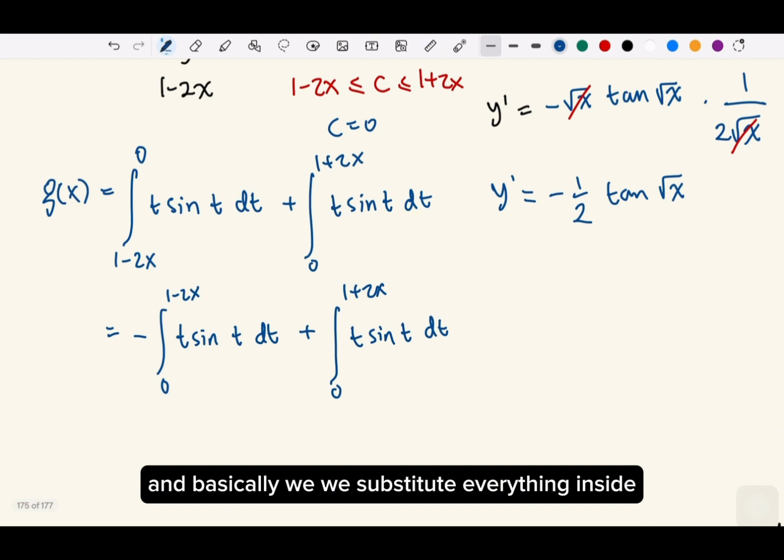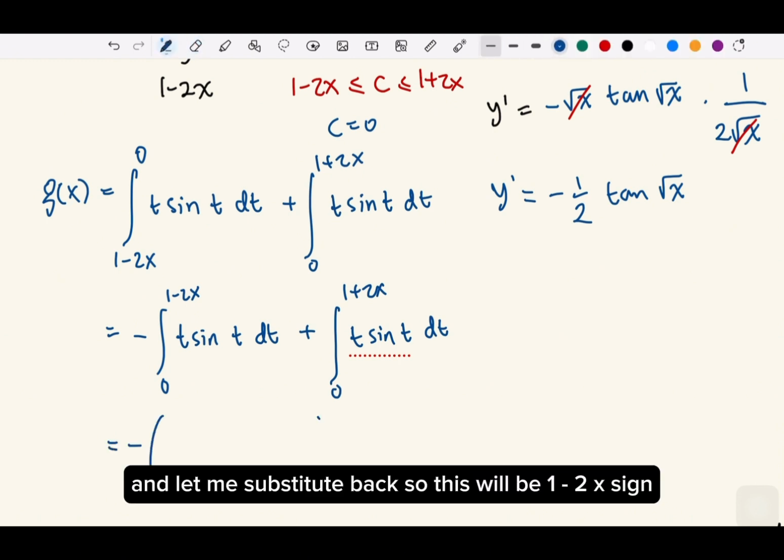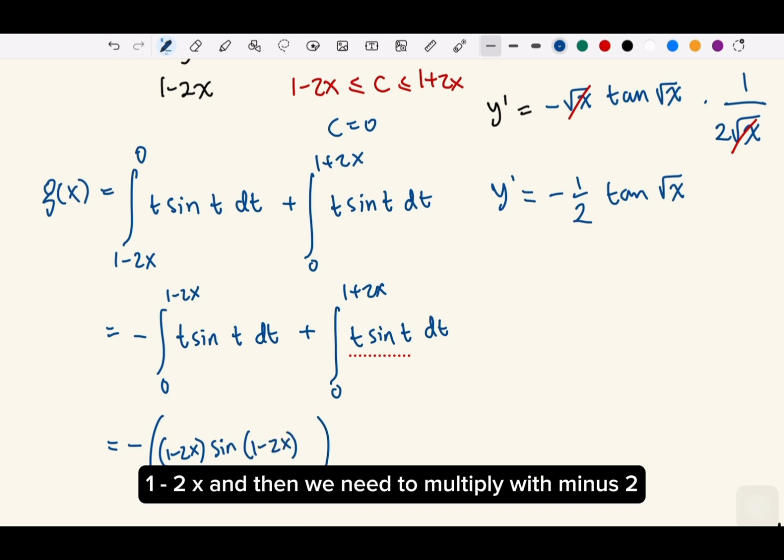And basically we substitute everything inside. Okay, let me substitute back. So this will be 1 minus 2x sine 1 minus 2x, and then we need to multiply with minus 2.